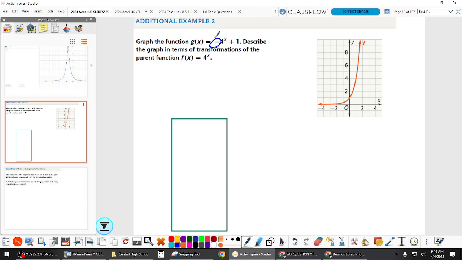Yes. What would the range be for this one without graphing it? Can you tell me? Negative infinity to 0. No. Negative infinity to 1. Oh, yeah, because it's now going to approach 1 instead. It's going to look like this. Very rough, right? Okay.